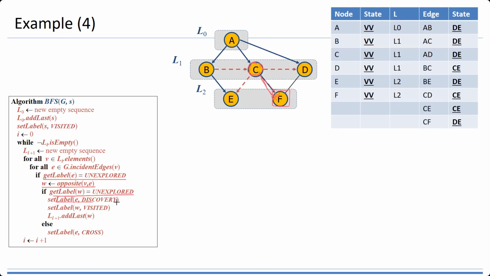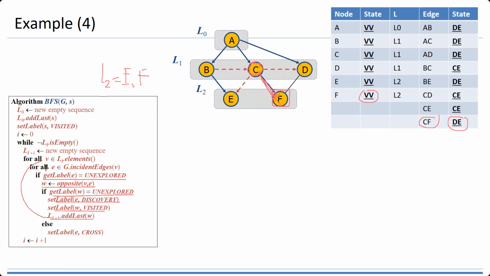So we set the label CF as discovery edge. And then label F is visited. Then I'm going to put it into the L2. So L2 is E and F.